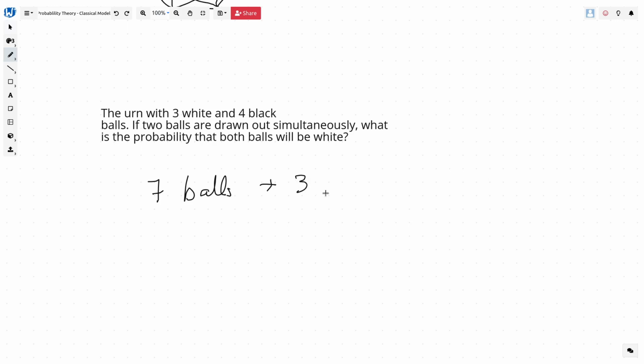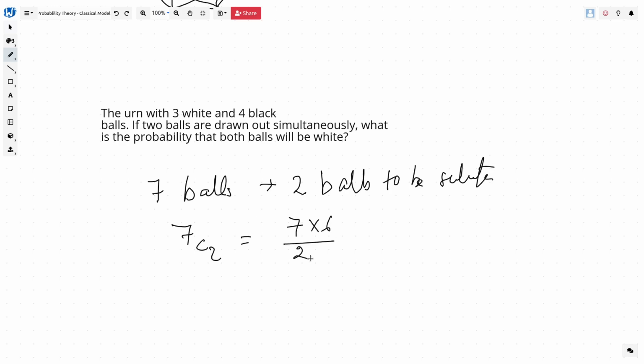So that can be done in 7C2 ways, which is 7 into 6 divided by factorial 2. So that is 21 ways, right? And then what is the probability that both balls will be white? So you now have to select from the 3 white balls.